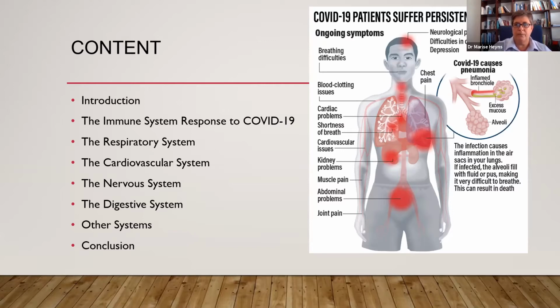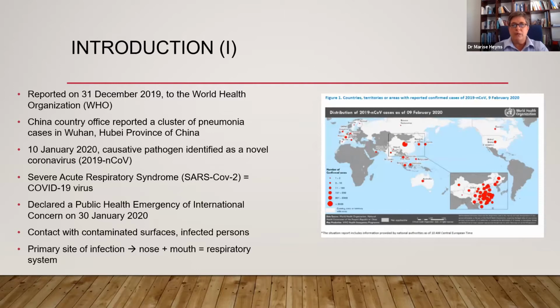So just as an introduction, we know that COVID-19 was reported in Wuhan in the Hubei province in China. And in January, it was identified that this is a novel coronavirus. We've known coronaviruses in the past, but this was a novel one, a new one. And there was declared a public health emergency of international concern.